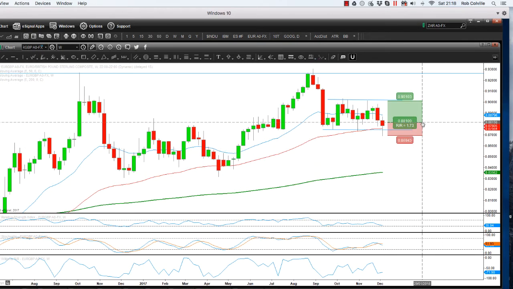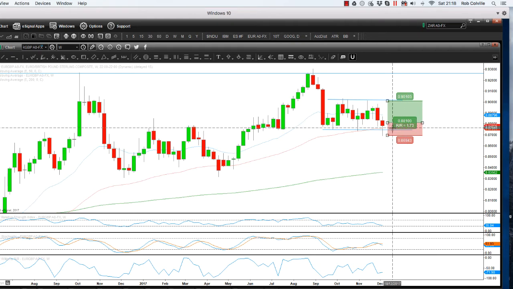That makes for interesting reading. If what we wanted to do is simply 50 fib it, by having our order halfway down last week's bar at roughly the 50% mark, we can always do this based on the Fibonacci retracement tool, but let's just do it roughly here. We can increase that reward to risk quite nicely. There we go.